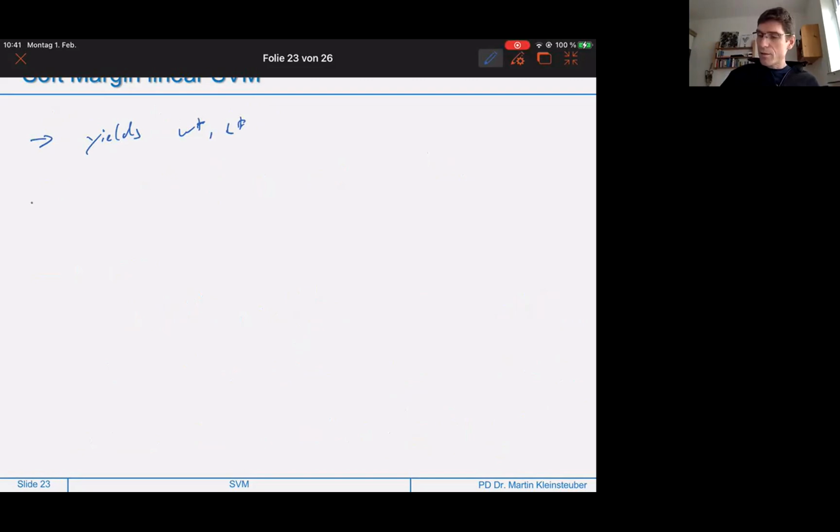And this yields your decision function f of x is W star transpose x plus B star, and you decide according to the sign of that function.